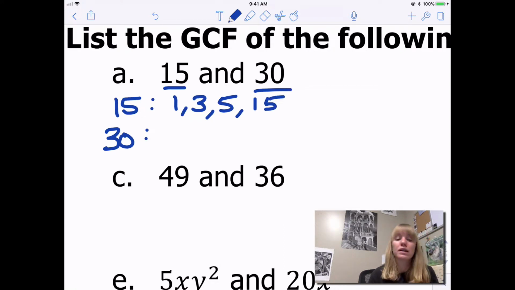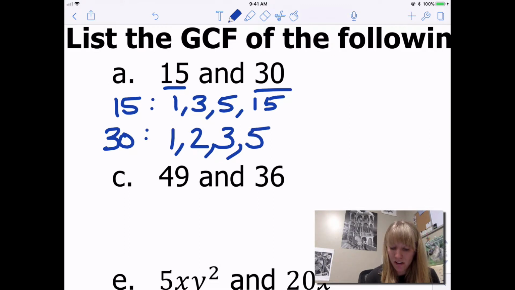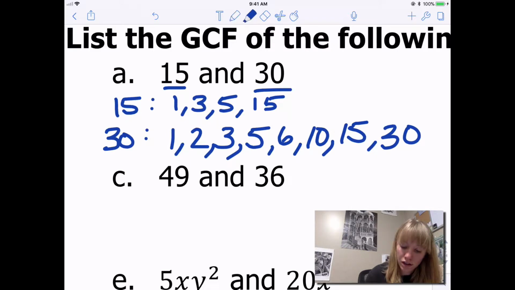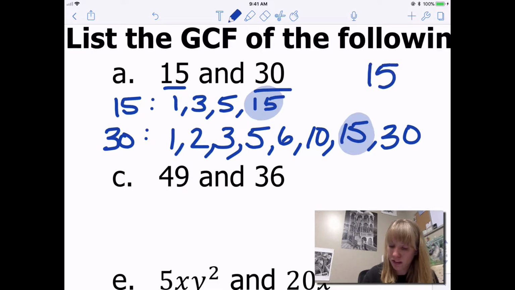So those are all of my numbers that divide evenly into 15 or can multiply by another number to get 15. For 30, I'm going to have 1, 2 because 2 times 15, 3 because 3 times 10, 5 because 5 times 6, 6 because 5 times 6, 10 because 3 times 10, 15 because 2 times 15, and 30. So now I'm just going to look and say, what is the biggest number that those two have in common? And it looks like it's 15 in both. So my GCF is 15.